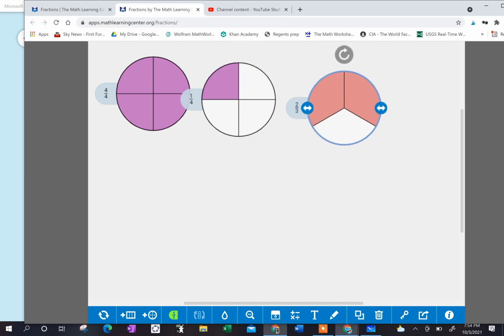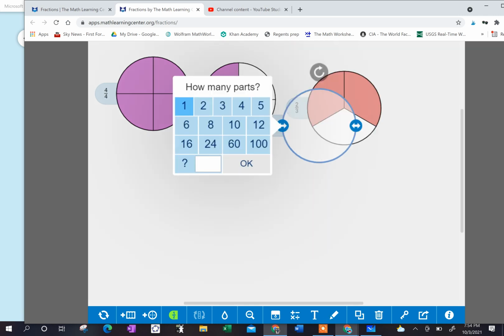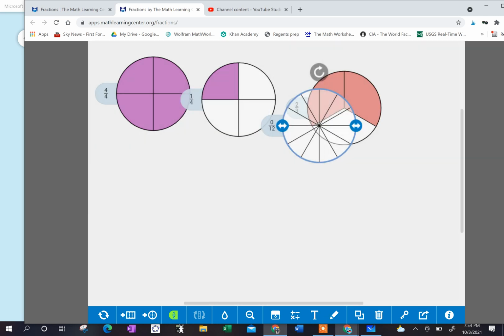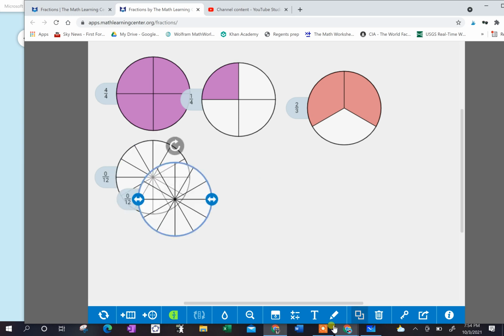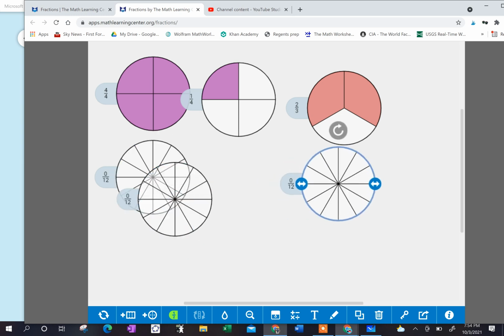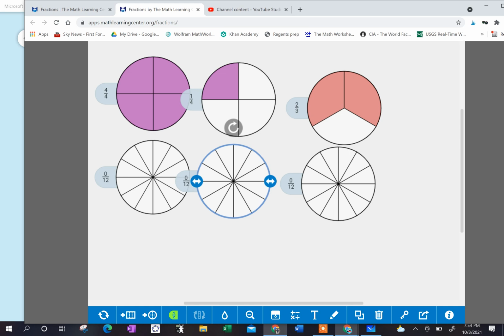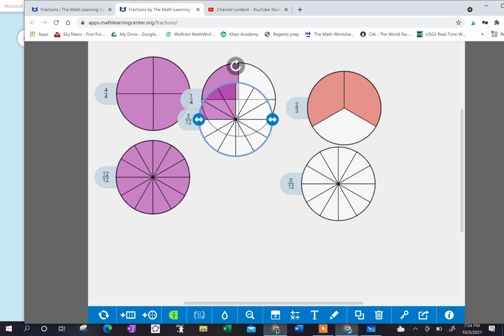Well, once again, I can't do that, so I'm going to have to change these into 12s. So if I change these into 12s, this whole thing has to be colored in. And it looks like, let's see if that's correct.